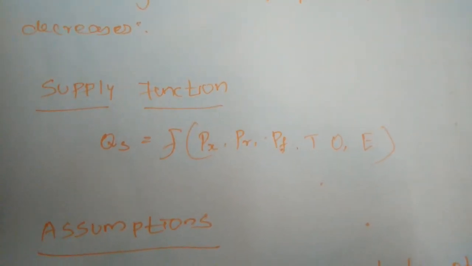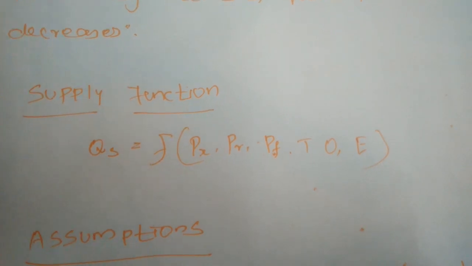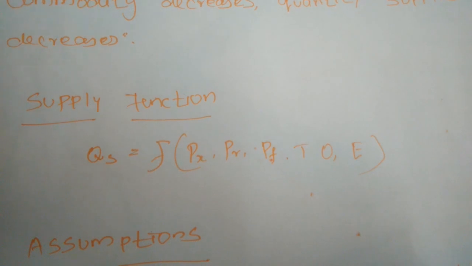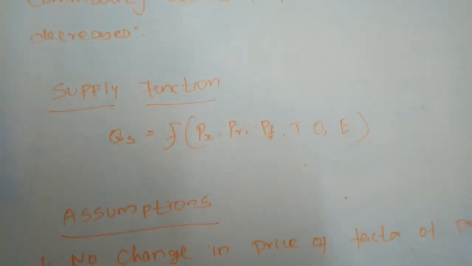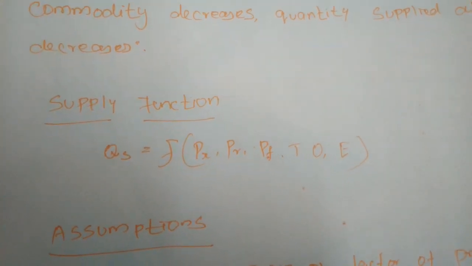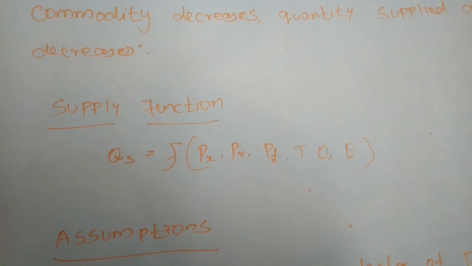Next, if the prices of related goods decrease, the supply also will be increased. And the prediction of the future price: if the people predict that the price of a commodity is going to increase in future, the supply of the commodity will be increased in the present.